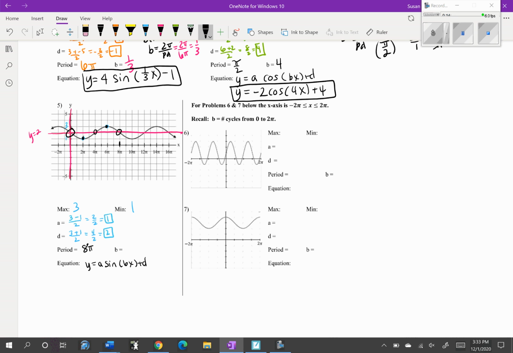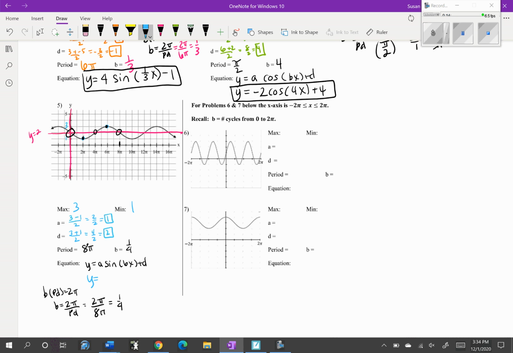So 8 pi is the period. So then b times the period equals 2 pi. So b equals 2 pi divided by the period. So 2 pi divided by 8 pi gives us 1/4. Now that I have that, I can write my equation.